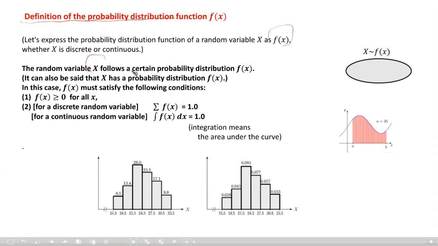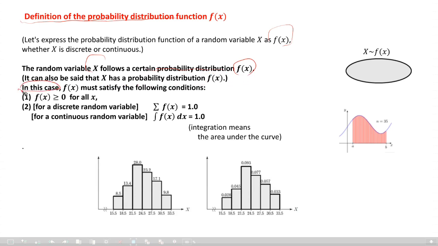Random variable x follows a certain probability distribution function f of x. There is a random variable, then that random variable has a certain probability distribution function. It can be said x has a probability distribution f of x.